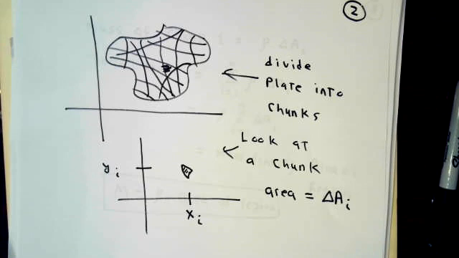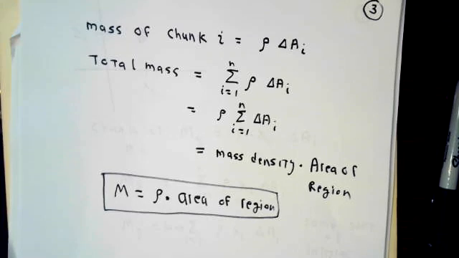It's going to have area delta A_i, and I want to think about the contributions that this chunk is going to make to the moments about the y-axis and about the x-axis. Since I'm assuming that the mass density is uniform, the mass of this chunk is just the mass density times the area of the chunk.